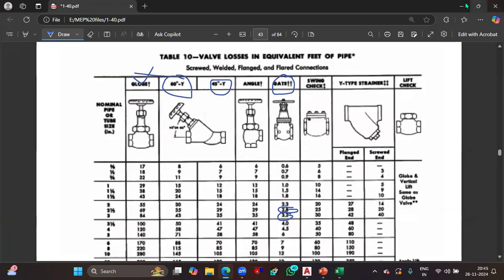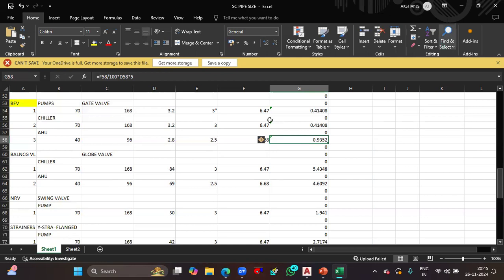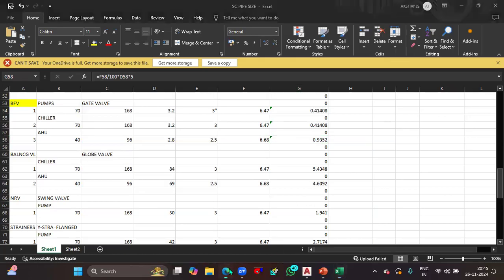So once again, guys, where else do you have this balancing valve? Except the pump, you'll be having balancing valves both in chillers and AHUs, isn't it? Once again, you need to enter those values like chiller flow rates, pipe sizes, actual head loss. The only value you need to find out from the chart is the length.